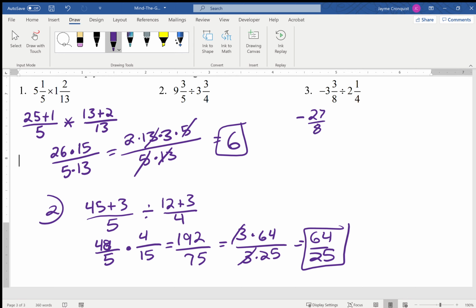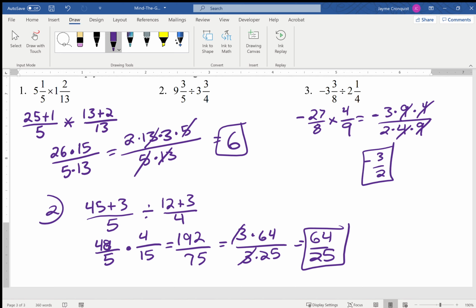All right, 27, this can be rewritten: 3 times 9 times 4 over 8, which is 2 times 4. And we're down to negative 3/2. There we go. Not too bad. Okay, that is fraction review.